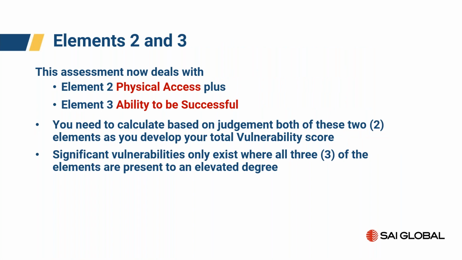Having done the calculation on element 1, you then have to do the calculations on elements 2 and 3. Remember, element 2 was physical access. So you have to estimate how easy it is for the attacker to get to the product in order to add sufficient quantity of the contaminant to contaminate a lot of product.